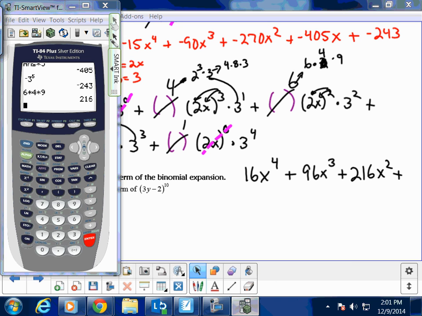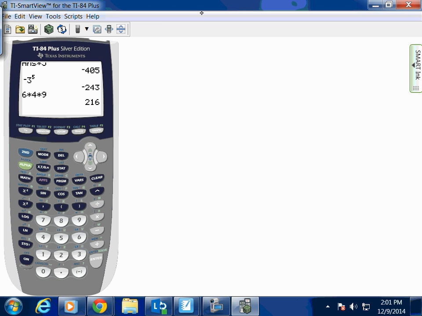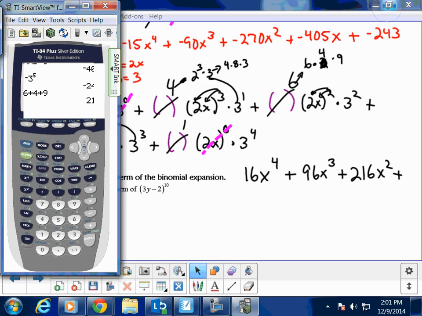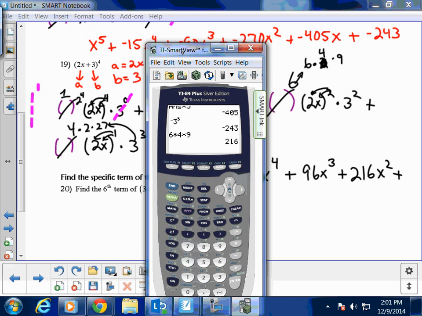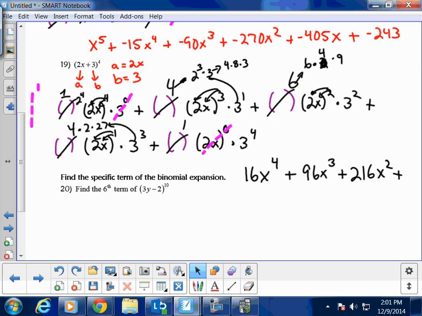So I'll have, let me move this so I can see what's in there. Oh, I think it was 4 times 2 times 27. Comes out being 216 again.